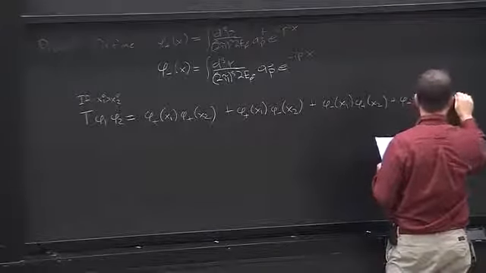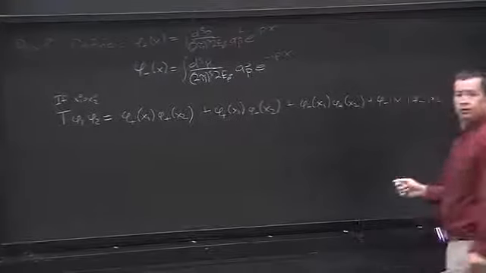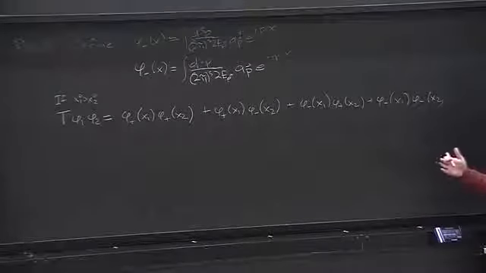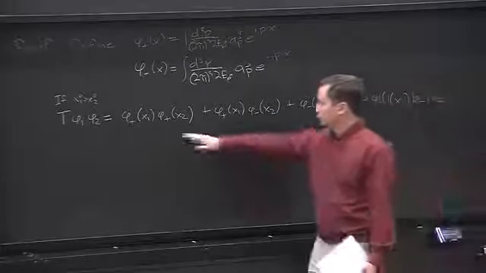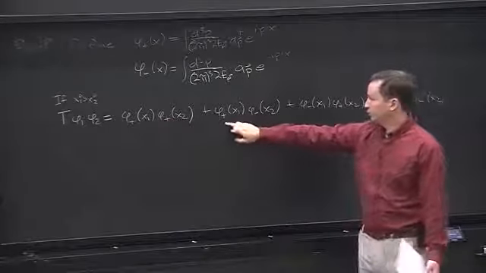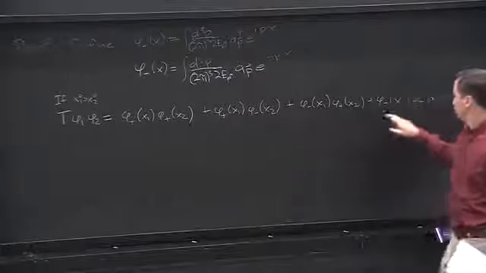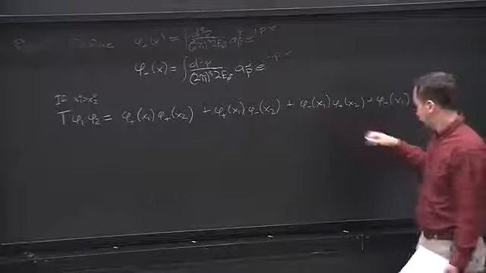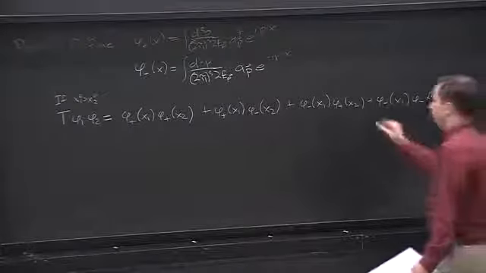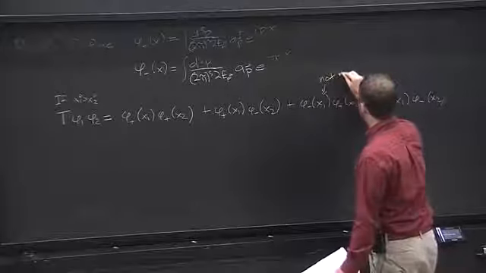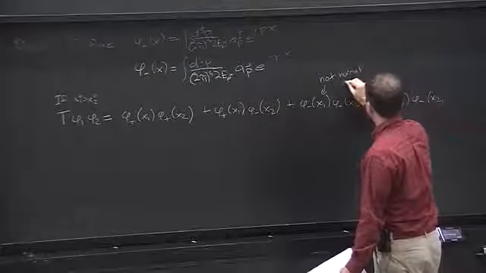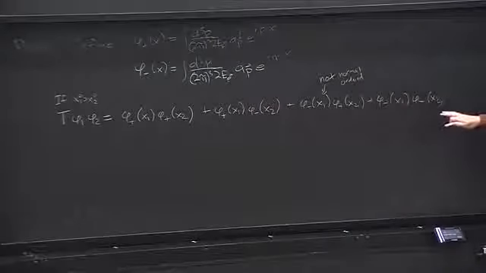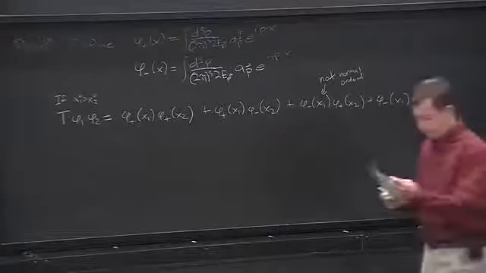And most of these terms are already normal ordered. Remember, normal ordering means put all of the creation operators to the left, annihilation operators to the right. This is normal ordered because the creation operators are to the left. This is normal ordered. There's only annihilation operators. So this is the only term that's not normal ordered. And we can rather easily fix that just by using the commutation relations.